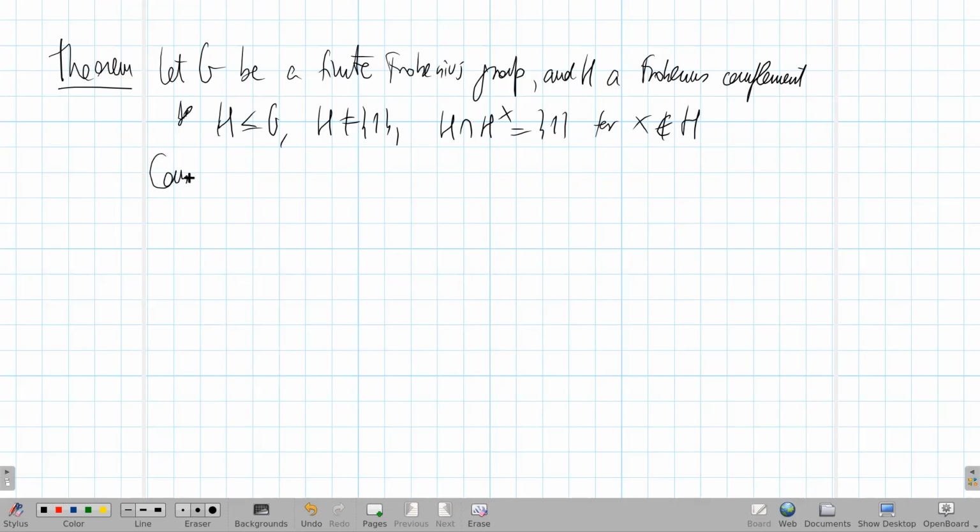Consider the subset, which is, as we discussed yesterday, a normal subset, which means it's closed under conjugation, N, given by the following.